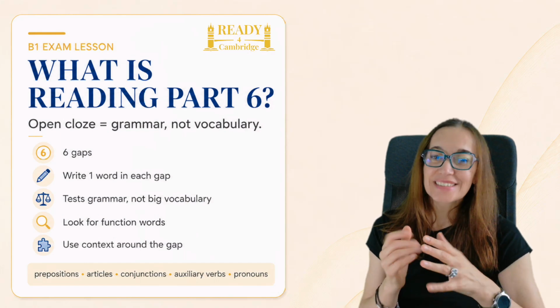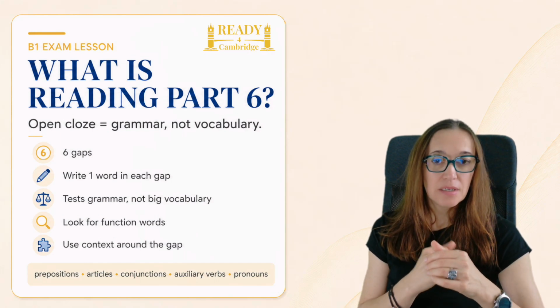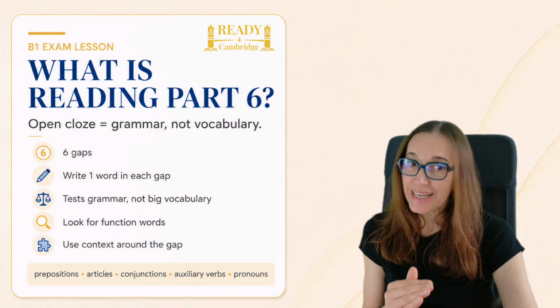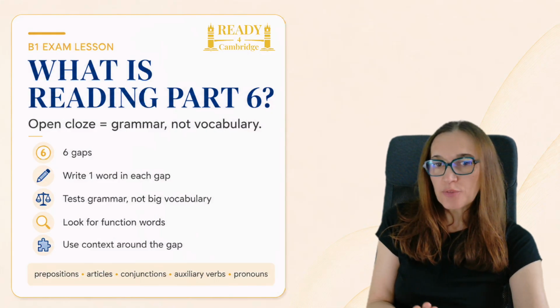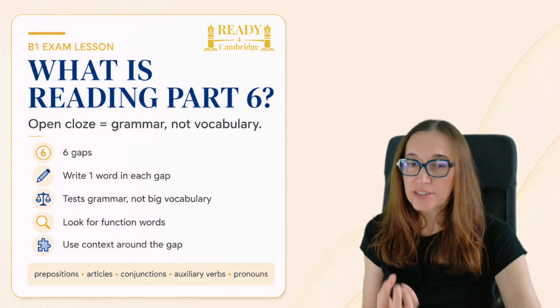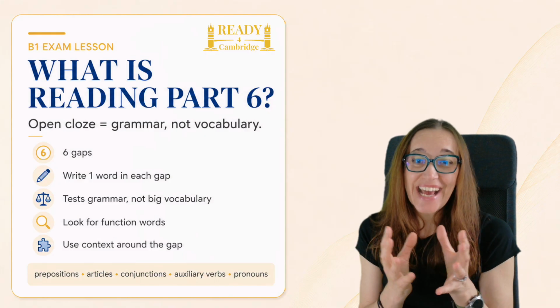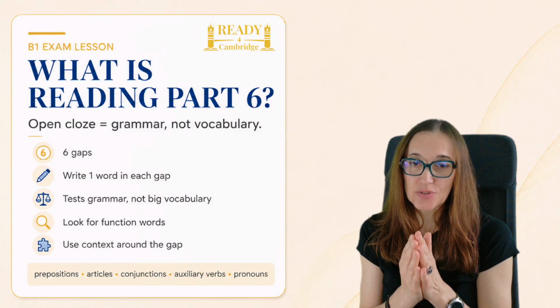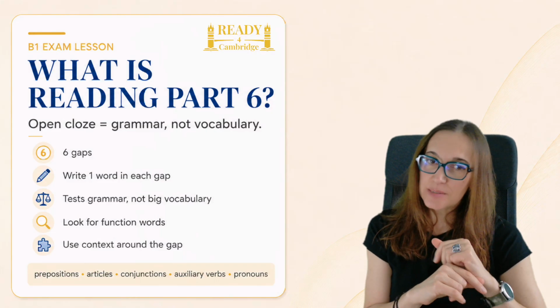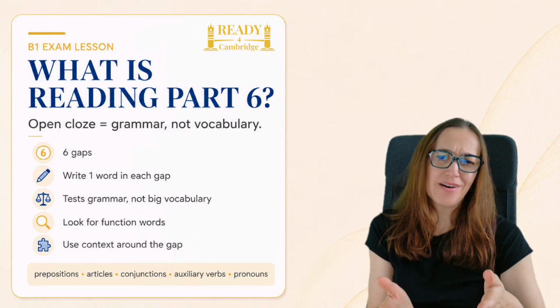Now, why does this matter? Because it changes how you approach each gap completely. You're not looking for a word with a big meaning. You are looking for the right grammatical piece that connects this sentence. Once you understand that, reading part 6 becomes a very different task.